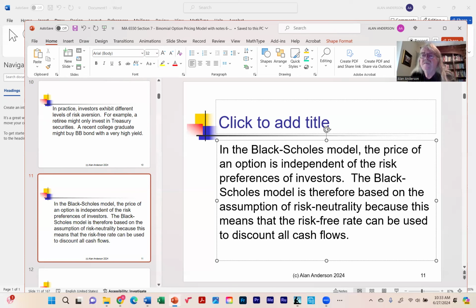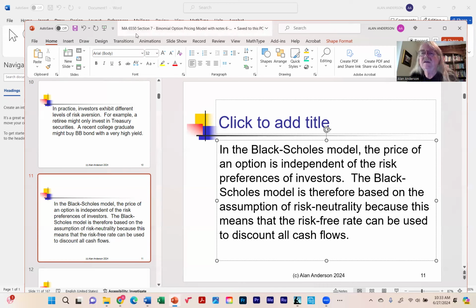Notice it's easy. If I tried to use a risky rate of interest, I'd have to start worrying about risk preferences, and that's going to be very difficult to model properly. So we're going to use probabilities that are consistent with risk neutrality, and then we're going to use that to discount all the cash flows using the risk-free rate of interest.